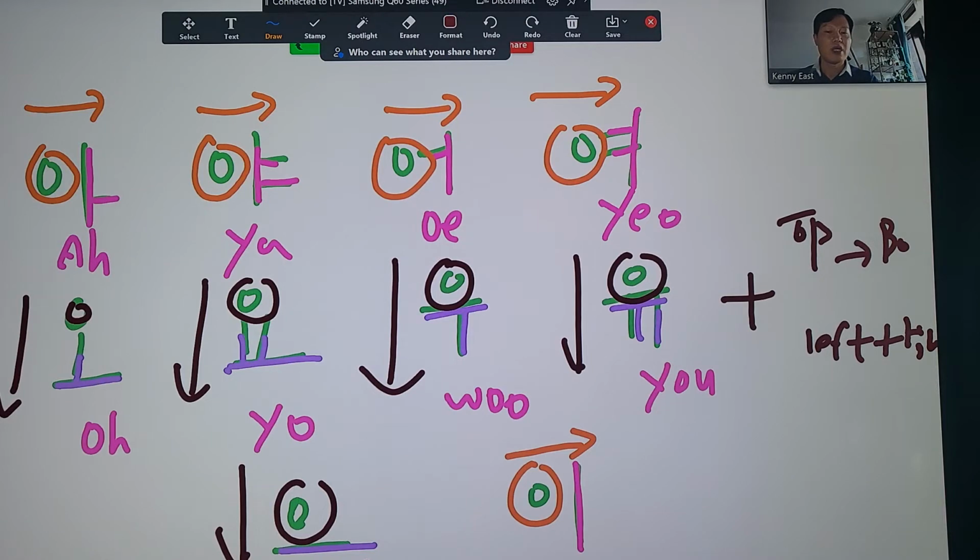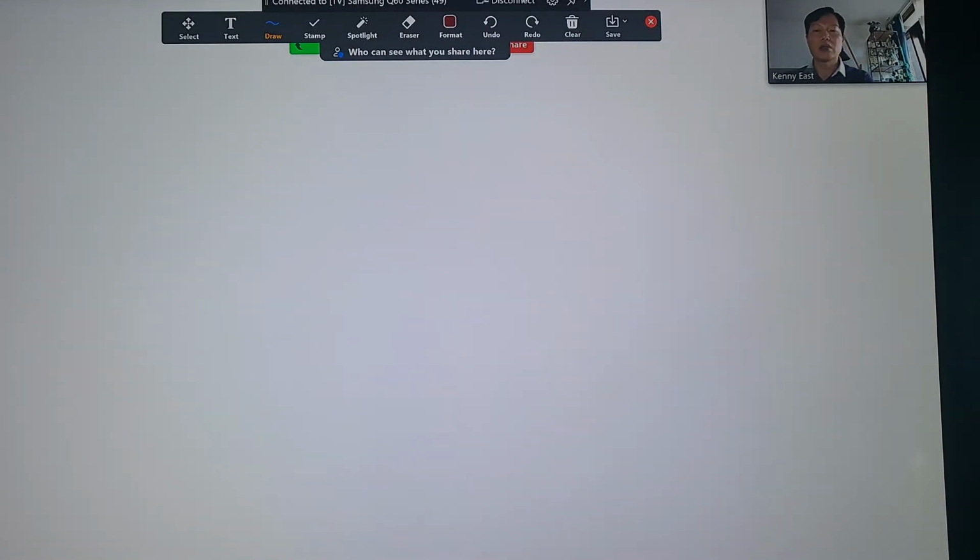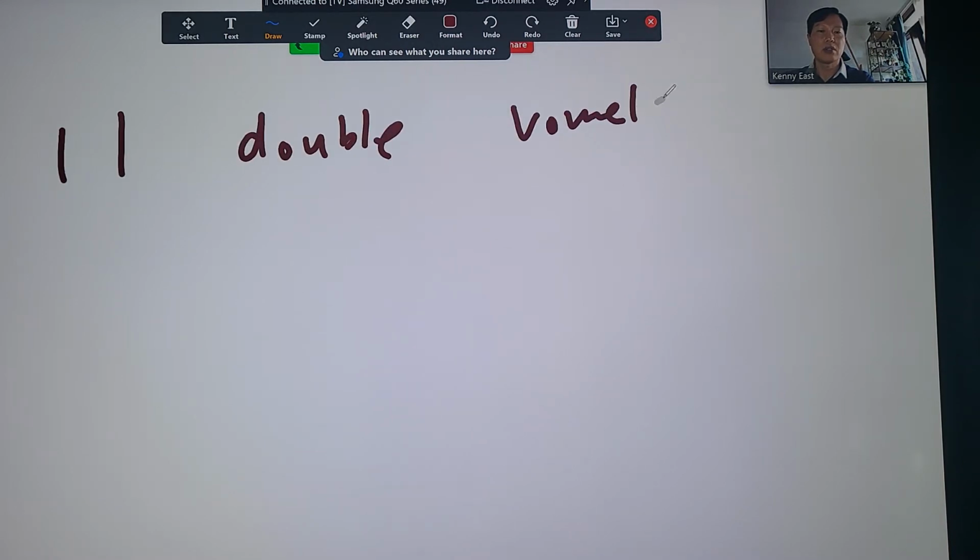자, we have double vowels. We just learned 10 basic vowels, right? Then we're going to learn double vowels. 자, in the Korean alphabet, we have 11 more double vowel sounds. We're going to learn them one by one.